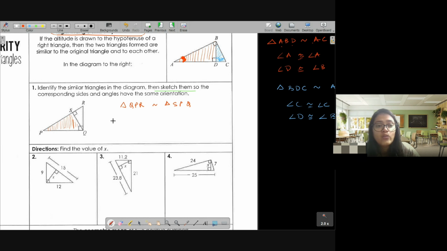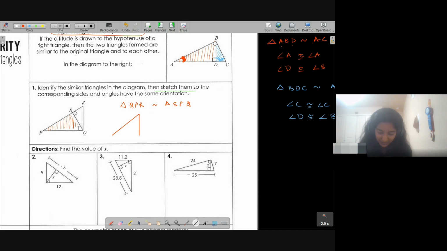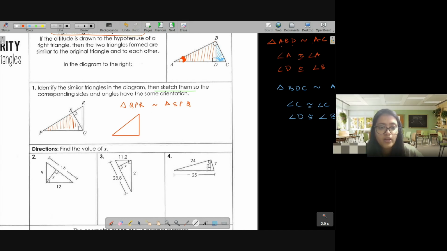Now, first you should draw these two triangles separately. First draw QPR, which should be bigger. This is Q, this is P, and this is R. Then draw triangle SPQ in the same orientation, so it will be easier to do the questions.